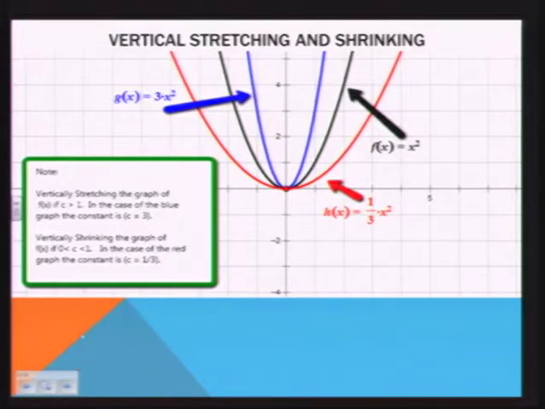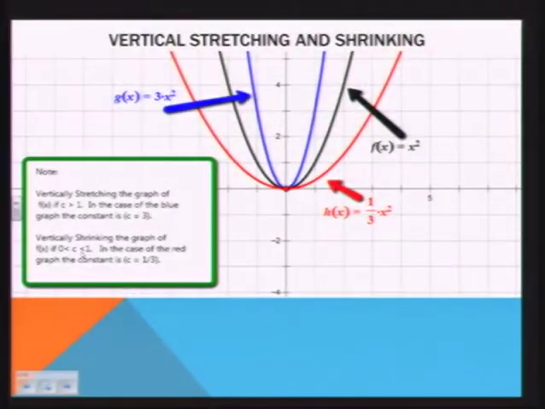Vertically stretching the graph of f of x happens if c is greater than 1. In this case, the blue graph, the constant, is c equals 3. So you will note that you have a vertical stretch, and it is a stretch only if your constant is greater than 1.